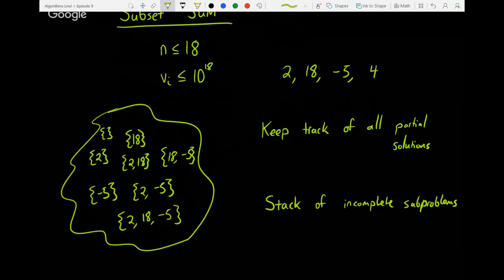And so the idea is to keep your partial solutions around, but specifically this technique is keeping them as a stack instead of a bag. So you can view solution bags as a more general stack of incomplete subproblems, if you've seen that technique before.